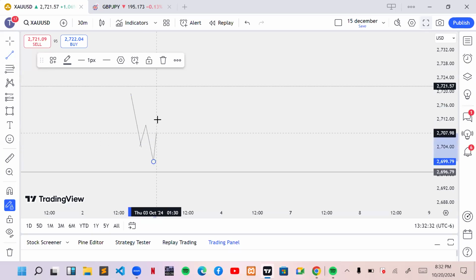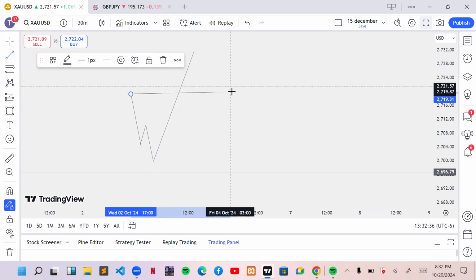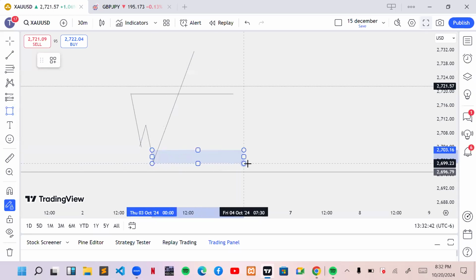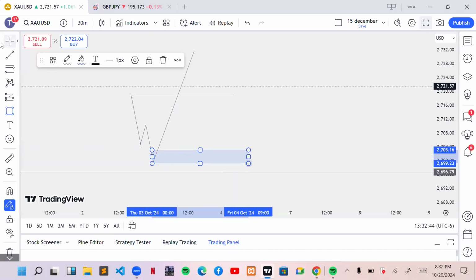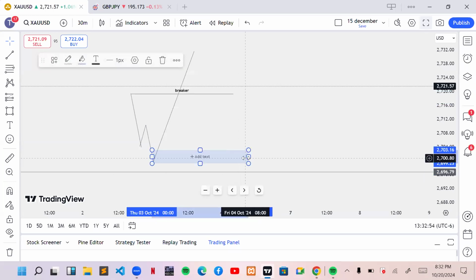Let's assume that market breaks past a zone. This is our breaker block right here, the zone that market broke past. And this is our other block down here, the zone that pushed market. Also, the other block is here, the breaker block is here. This is your breaker block, and then this is your other block.